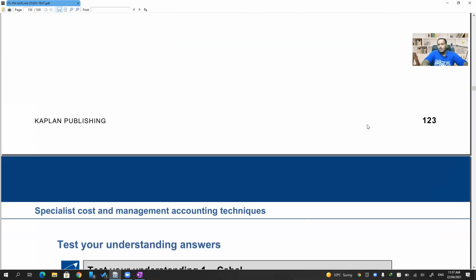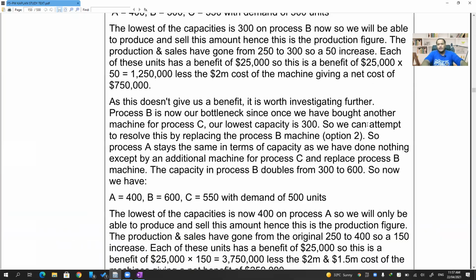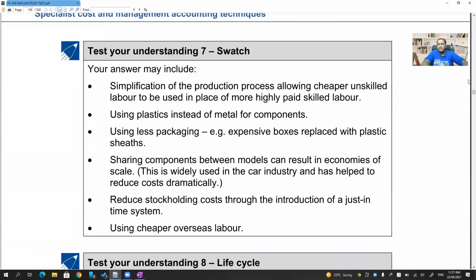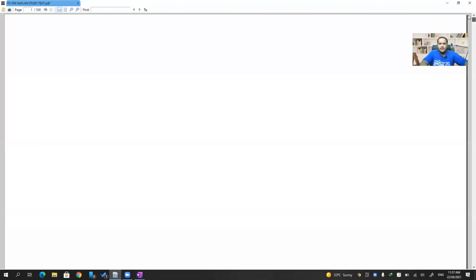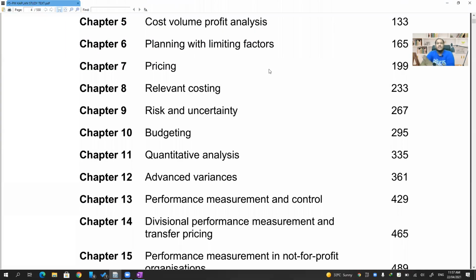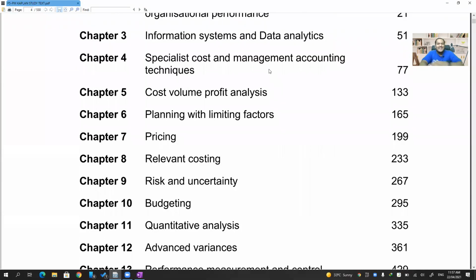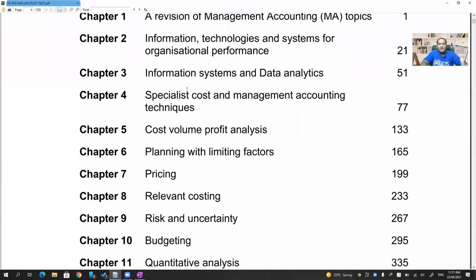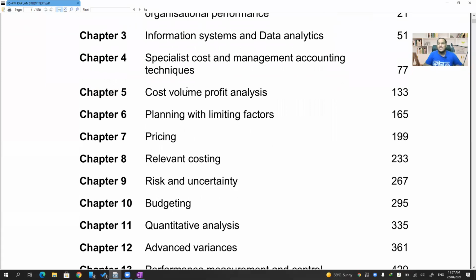So that's the end of chapter number 4, the biggest chapter according to me in your syllabus. Entire syllabus, I hope this is the biggest chapter, if I'm not wrong. I know we are supposed to do 2 chapters every day, but this chapter deserves an entire day. So don't worry. Chapter number 4 is a very lengthy chapter, so it takes much time. But after this, all the rest of the chapters are done very fast, because this is the only chapter where you need to switch to a different topic, from ABC to target costing through throughput accounting.